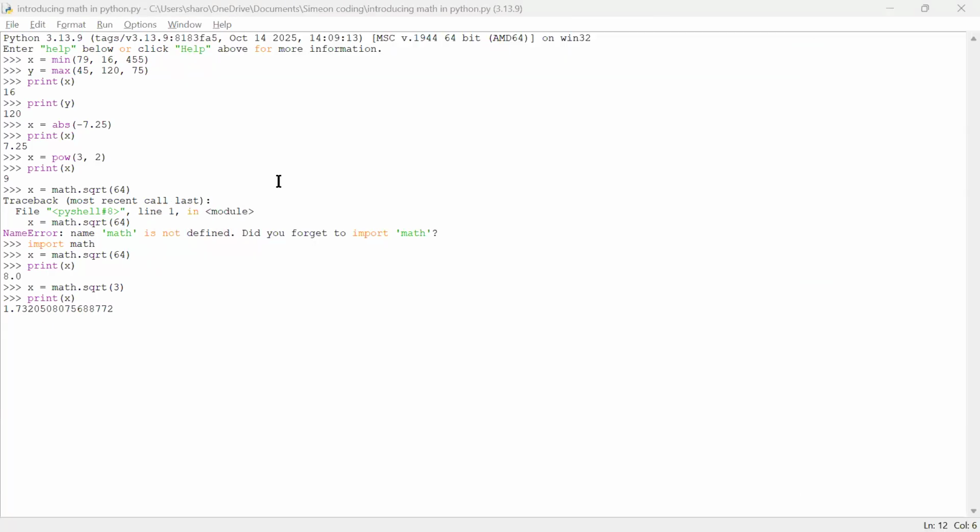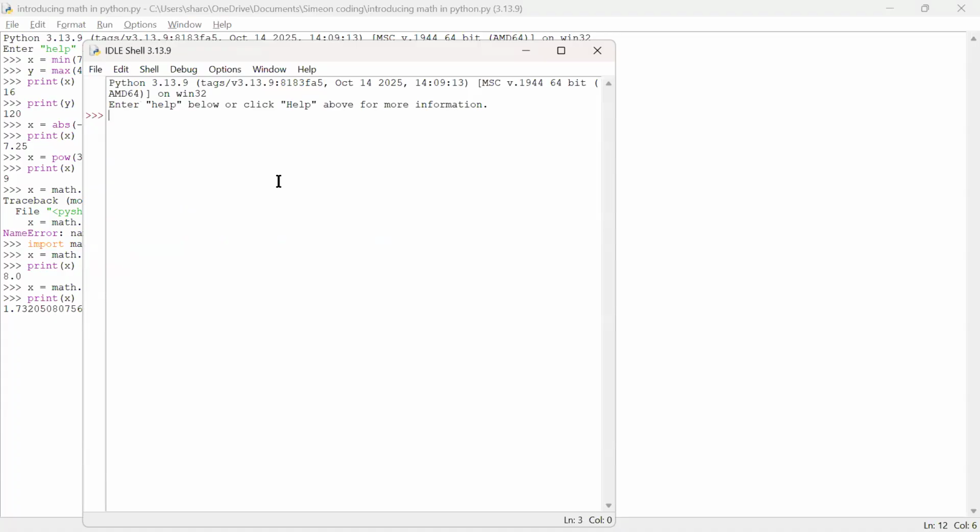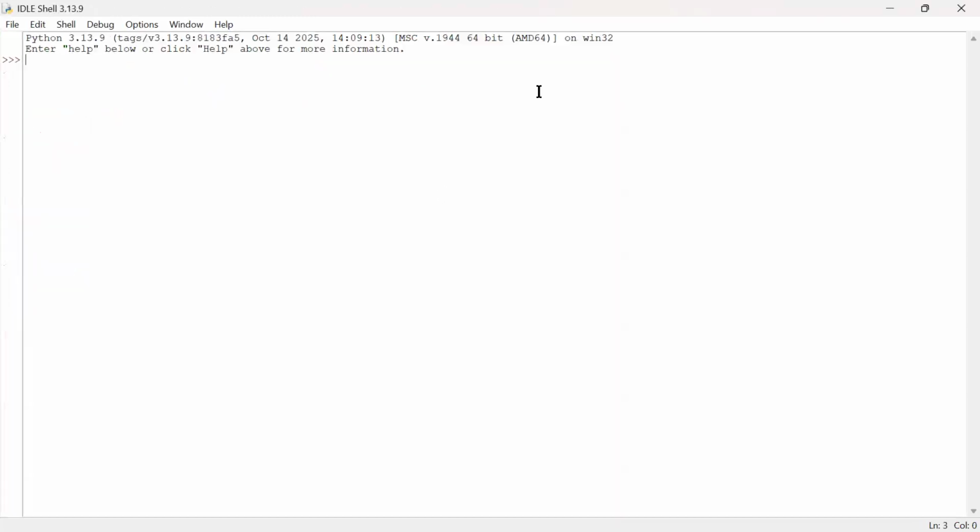So we have to do a new one. Okay, I'm going to send you something in the chat box now. Remember, import the math module first before you paste anything you see.